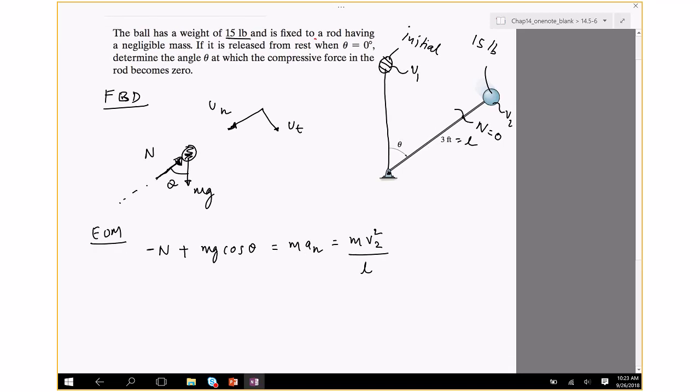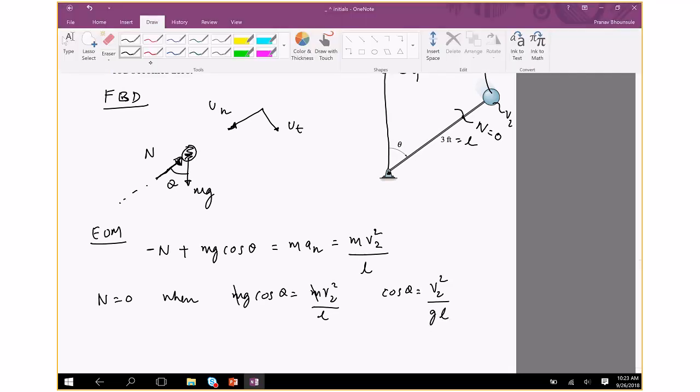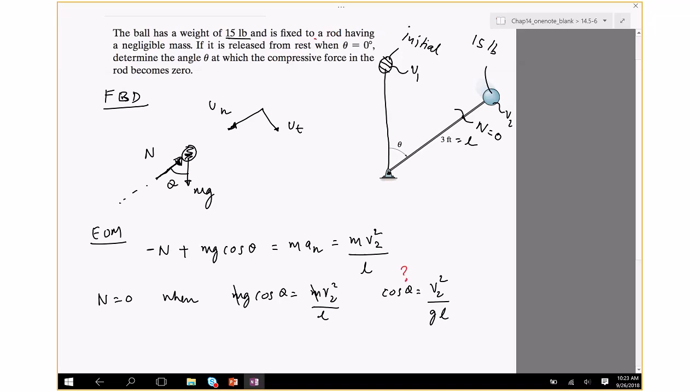Okay, so you're asked to find when N becomes 0. N becomes 0 when mg cosine theta equals m v2 squared divided by L, or cosine theta equals v2 squared divided by g times L. So theta is the unknown, you've got to find theta.